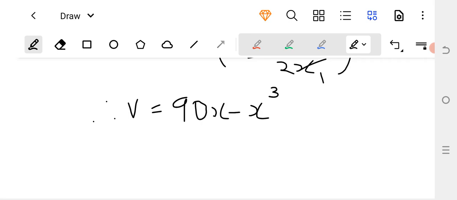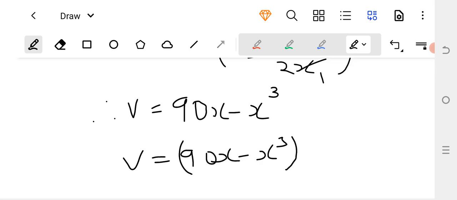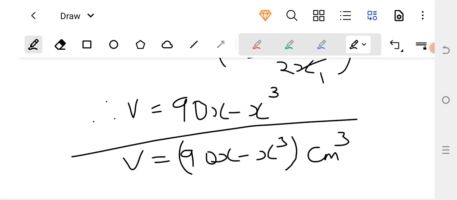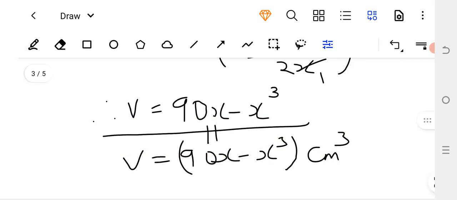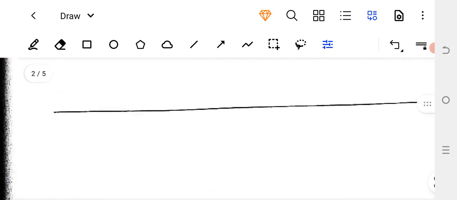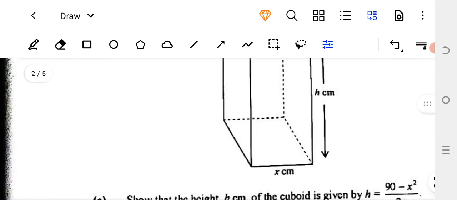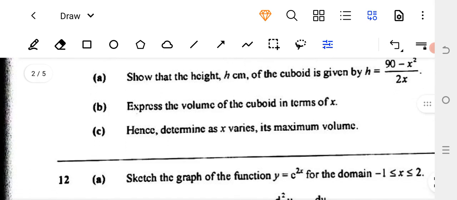Others would want to put this in brackets, centimeters cubed, and I don't think there's anything wrong with that, because we're given the units in the question, right? We're given that it is in centimeters.